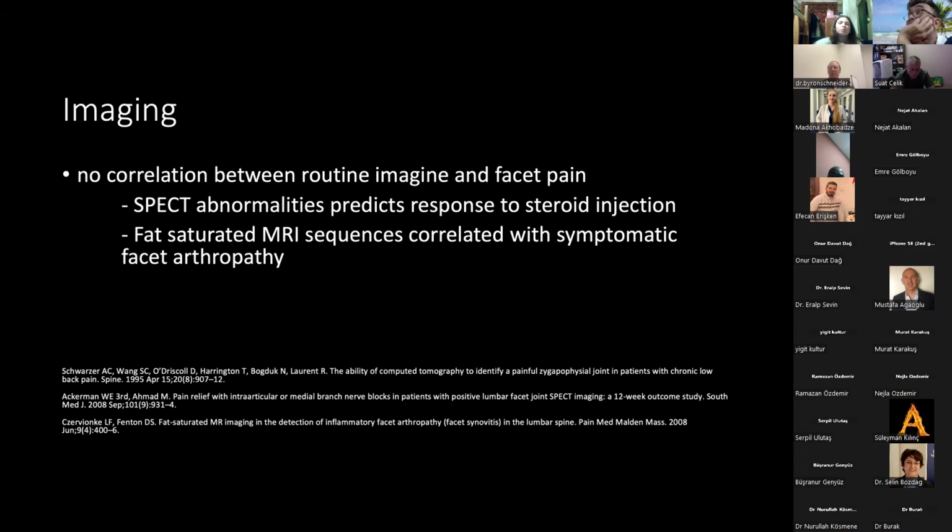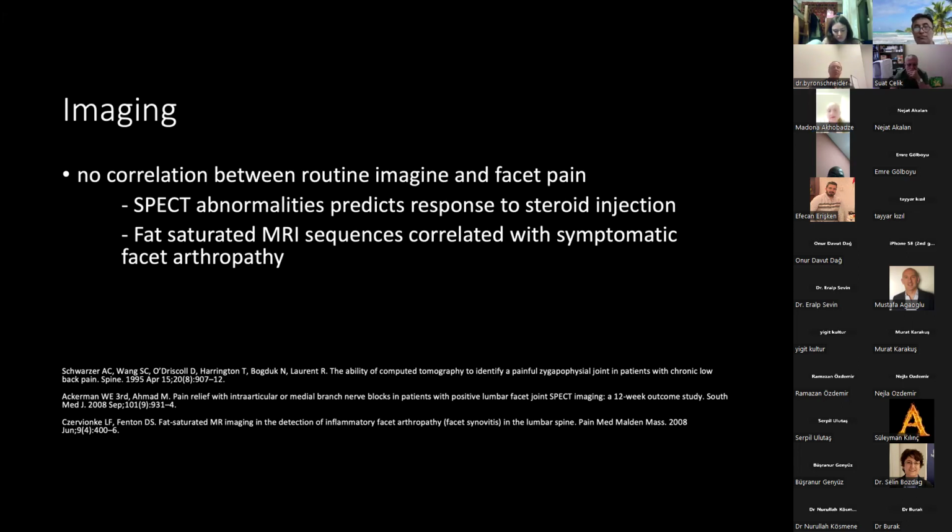Other people have looked at more refined tests. There's a little bit of literature showing that SPECT CT abnormalities might be predictive of response to treatment of facet pain. While at least in the United States SPECT scans have become somewhat more common over the last 10 or 20 years, that's largely been replaced with MRIs.